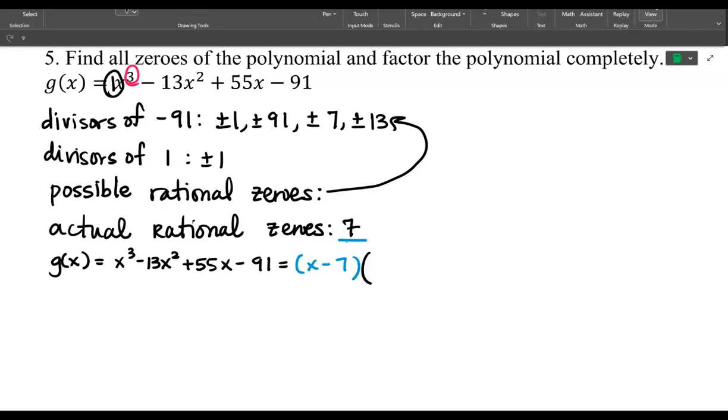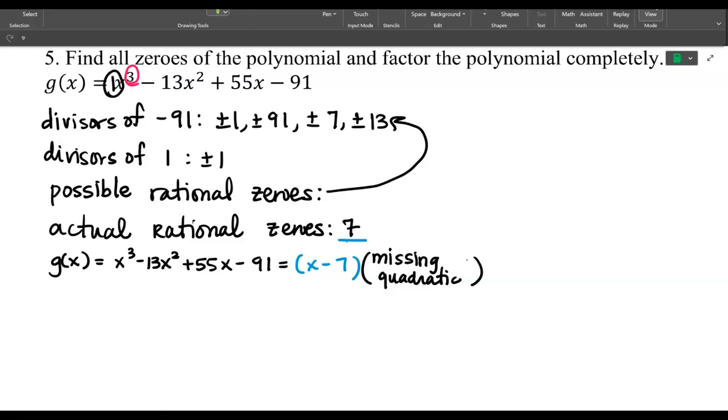But there's factors that are missing here that we don't know. And we do know that what's missing has degree 2. It is a quadratic factor. I know it has degree 2 because the total degree should add up to be 3. So the two zeros that we are missing are from that quadratic piece.